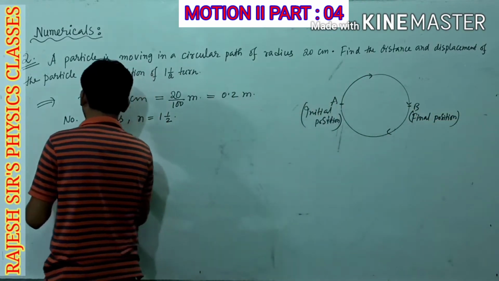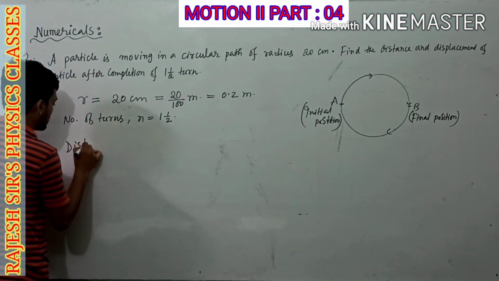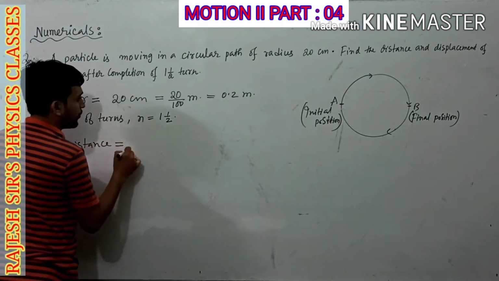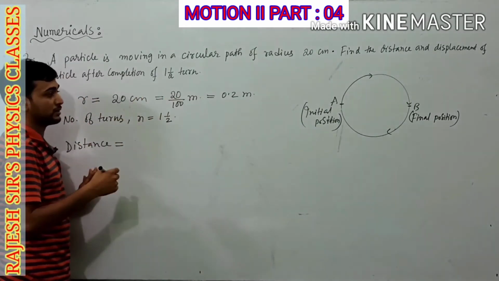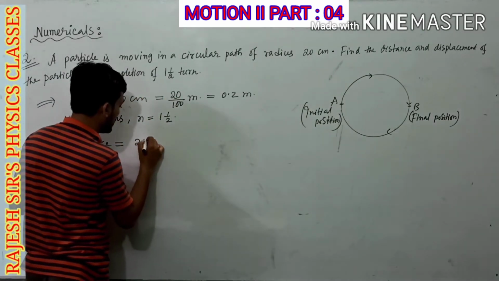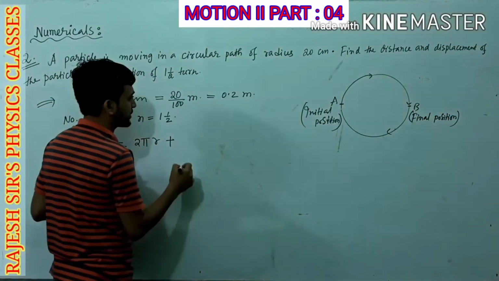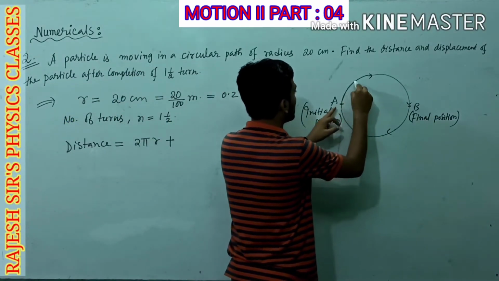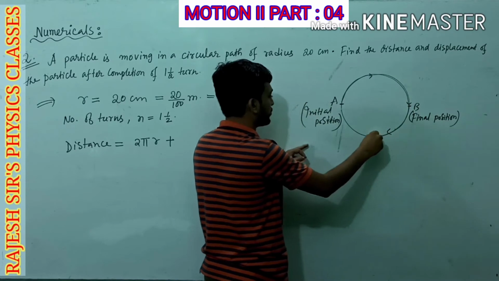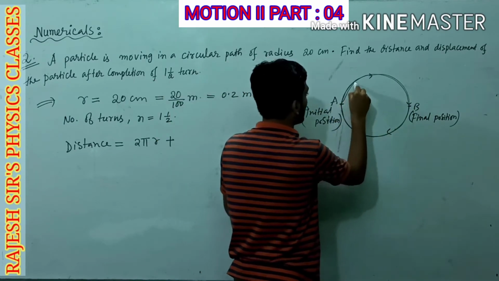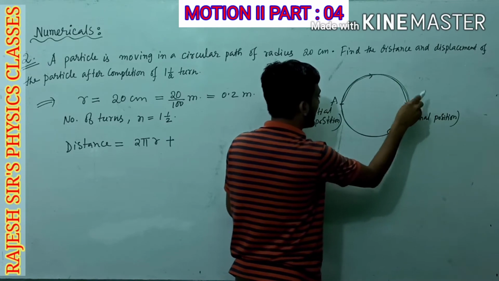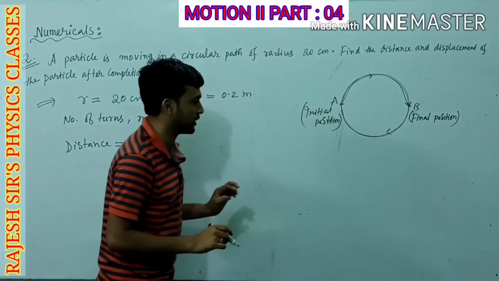So distance will be what? For one complete rotation, distance will be the circumference of the circular path, 2 pi r, plus for the next half rotation it will go to point B, and here it will stop its rotation.